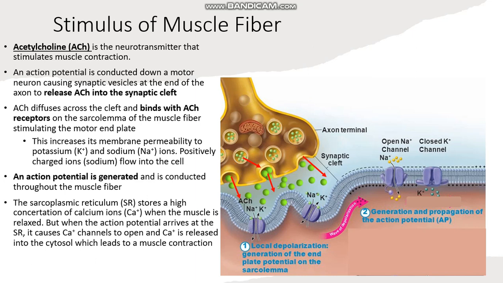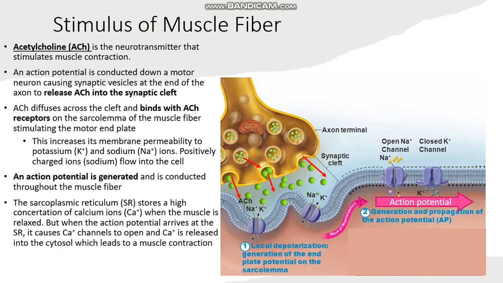Then acetylcholine will bind to receptors on the sarcolemma. This will increase the membrane permeability. Pretty much it will open sodium channels and close potassium channels, allowing more positively charged ions to flow into the cell. An action potential is generated in the muscle fiber, and it will be conducted throughout the muscle fiber.